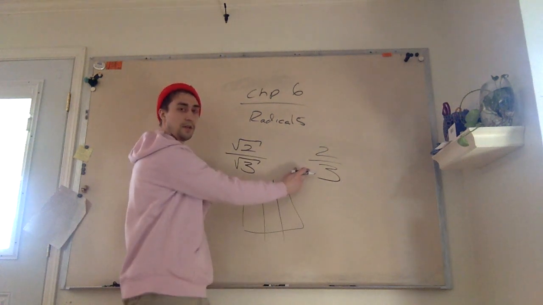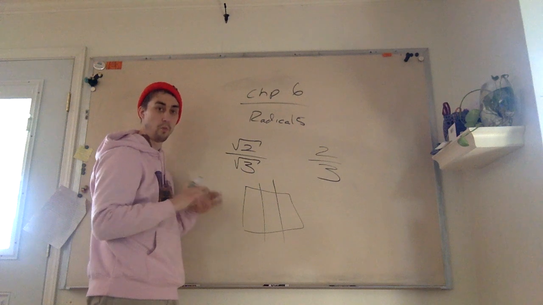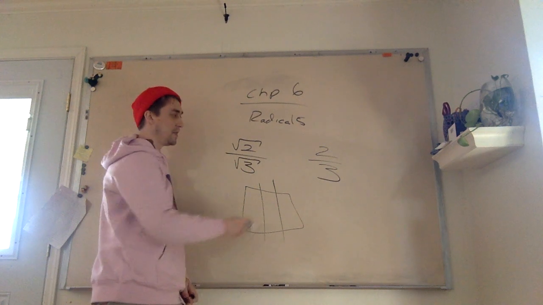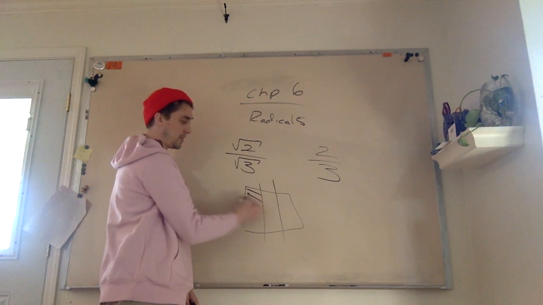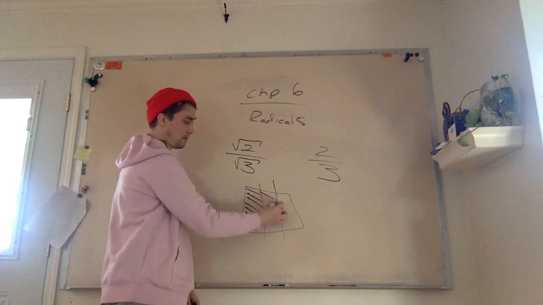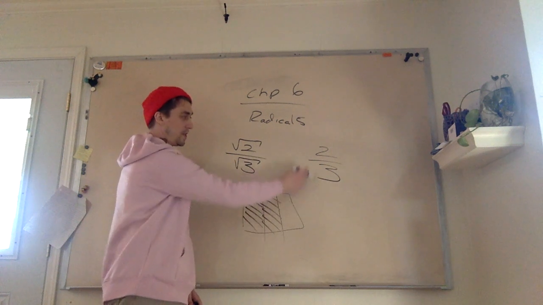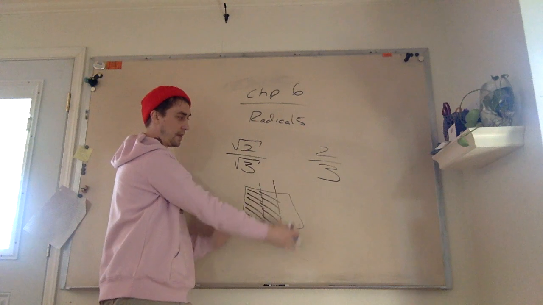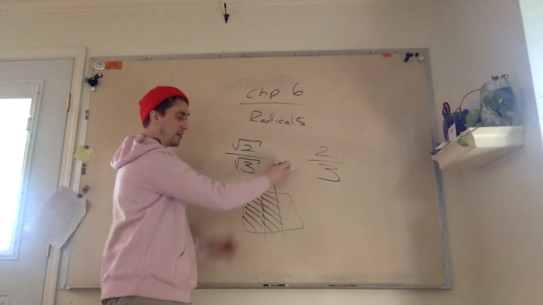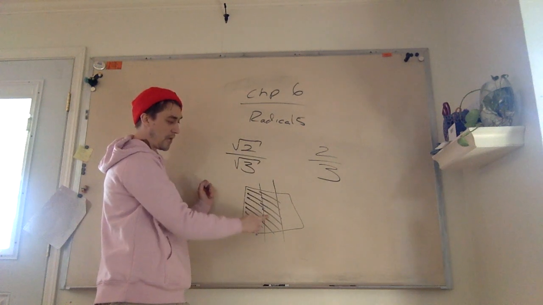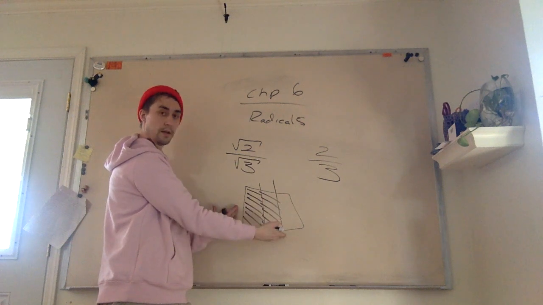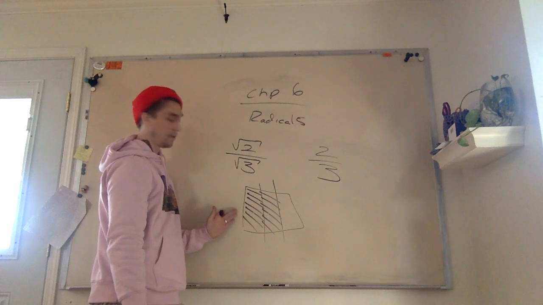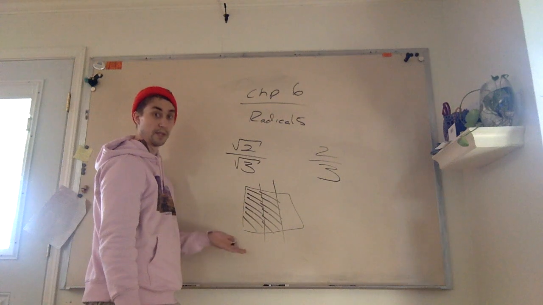The denominator tells you how many times to break one thing up, and then the numerator tells you how many of those pieces to take. So you have 2 out of 3 pieces of this square.